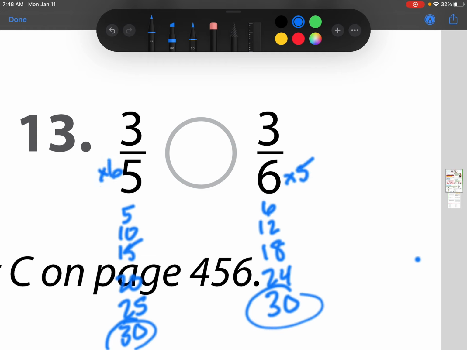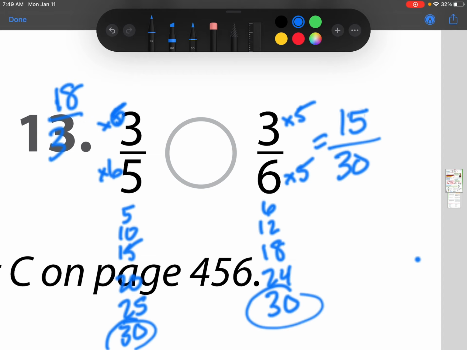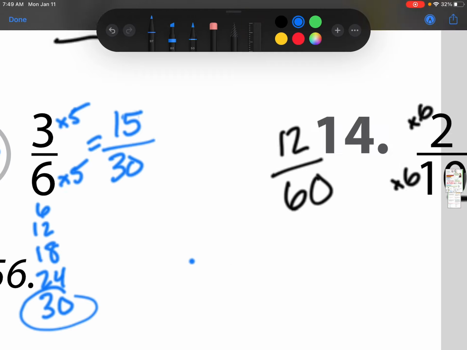This is times 5. So we have 18/30. And over here, oops, that's a times 6. I was jumping ahead. This is an 18/30. This is 15/30. So which one's larger? 18 is larger than 15.